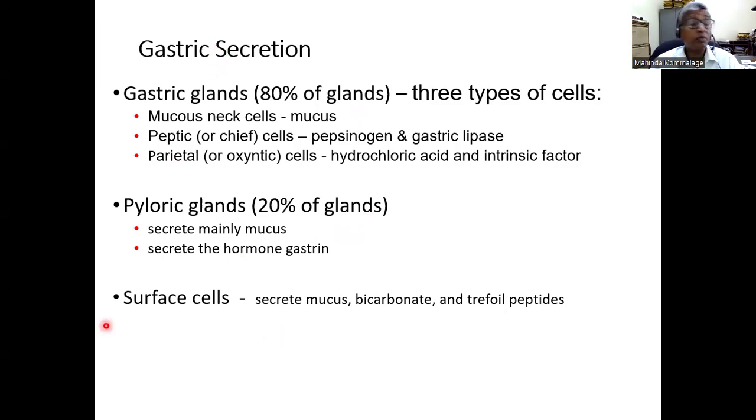But on the surface we have a lot of secretory cells, the surface mucosal cells.